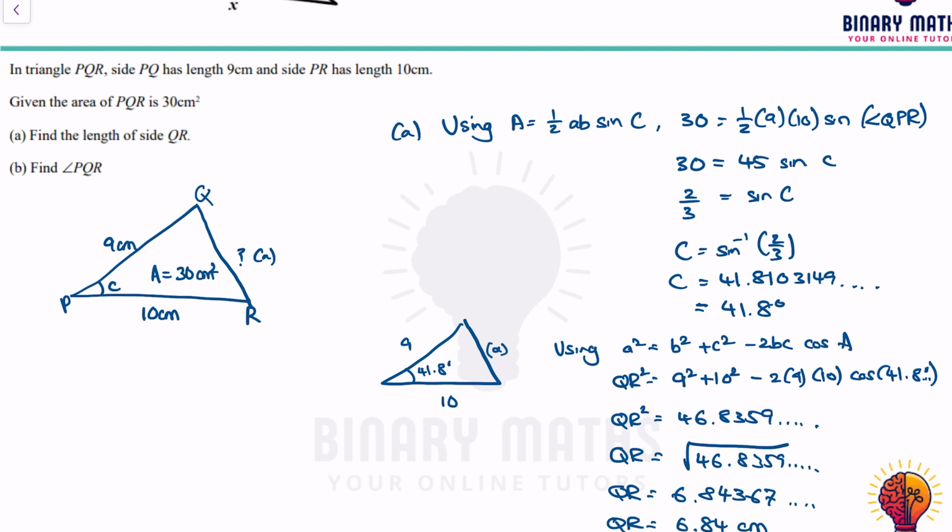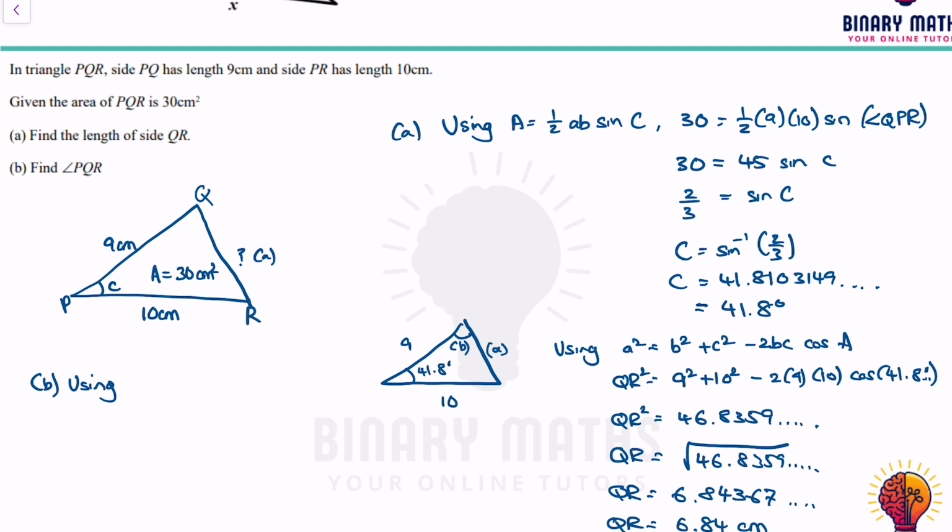Okay, now part B. Find angle PQR. So PQR is this angle here, so B there. Now because we know what A is, we can use the sine rule, and we're trying to find a missing angle, so put the angle on top, use the angle on top version.